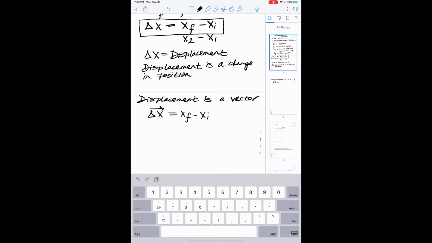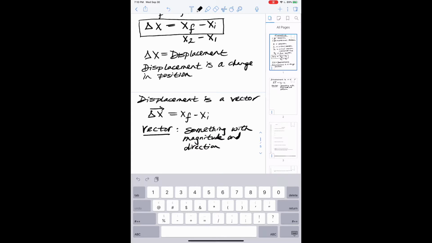And what I mean by a vector is something that has magnitude and direction.